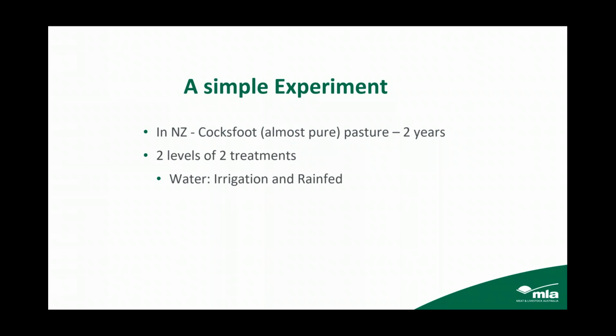One treatment is watering, where there is either irrigation or rain-fed, and the other treatment is plus nitrogen, where in 2003, the first year of the trial, they gave it 800 kilos of nitrogen. That's right, folks, 1,600 kilos of urea over the year. And the next year, they just doubled up on that and gave it 1,600 kilos of nitrogen or 3,200 kilos of urea. Not something that most of us would attempt at home.